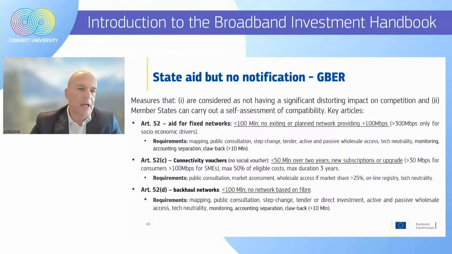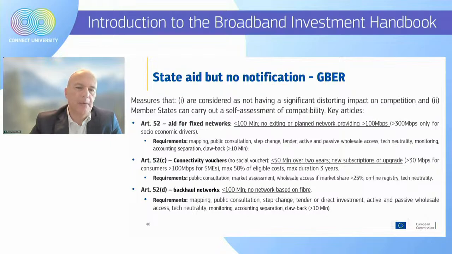In particular, Article 52 covers aid for fixed access network up to a budget of 100 million euros, and the intervention can take place where there is no existing or planned network that can provide more than 100 megabit, or even in case of socioeconomic drivers, meaning school, university, hospital, and so on. This threshold for intervention can be increased to 300 megabit.